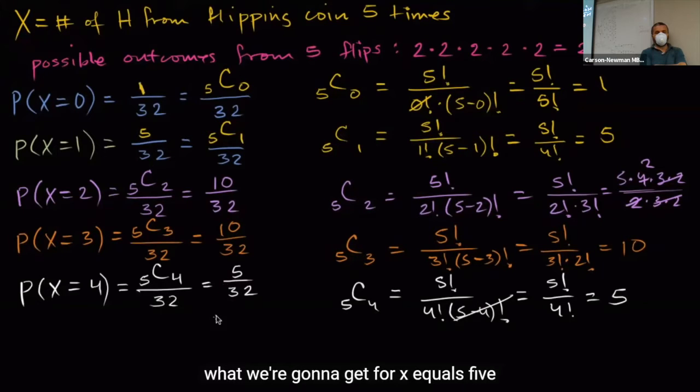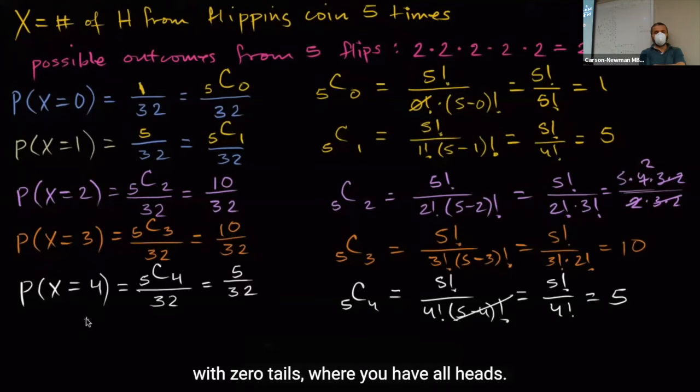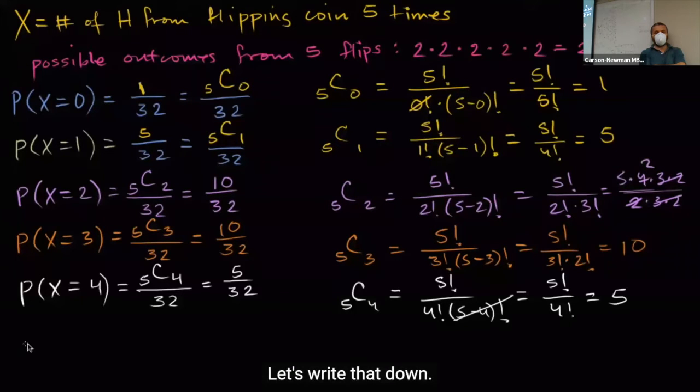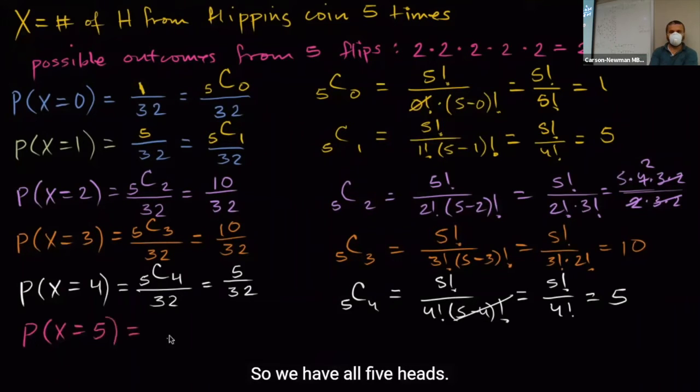And you could probably guess what we're going to get for x equals 5. Having 5 heads means you have 0 tails, and there's only going to be 1 possibility out of the 32 with 0 tails, all heads. Let's write that down. The probability that our random variable x is equal to 5, so we have all 5 heads.